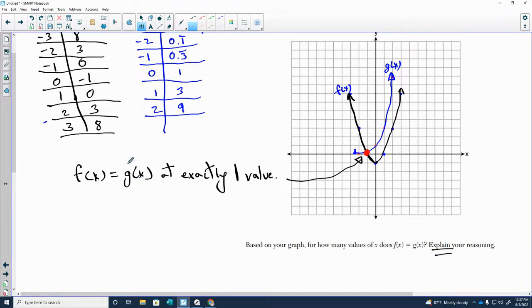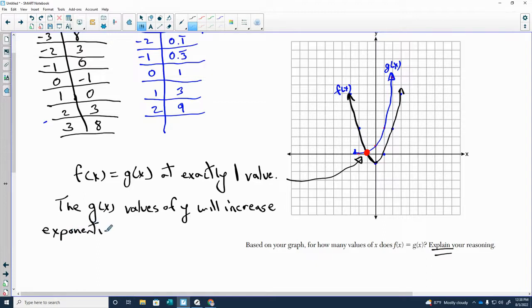Well, I'm just going to try to put into words what we just said before. The g of x, or the exponential function, the g of x values of y will increase exponentially faster than f of x.